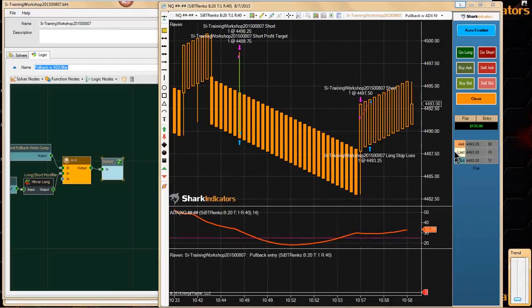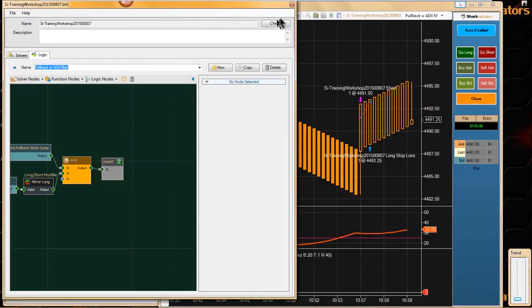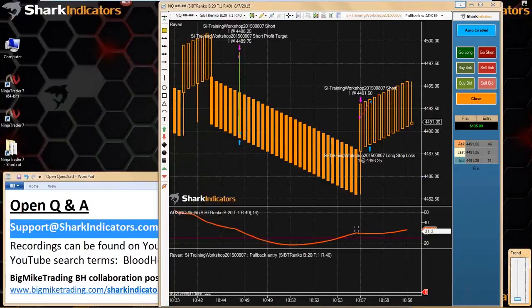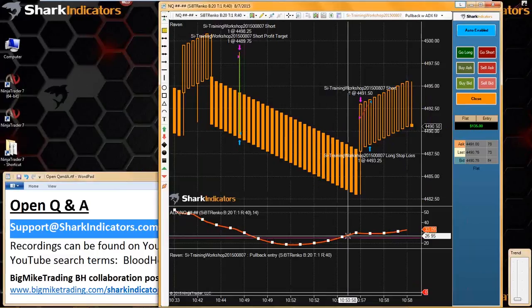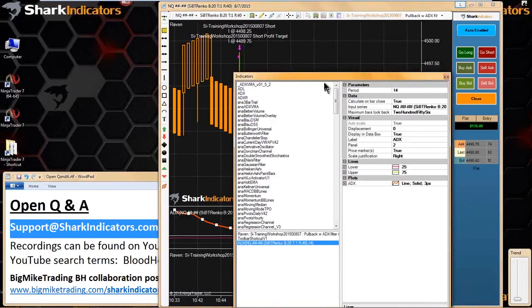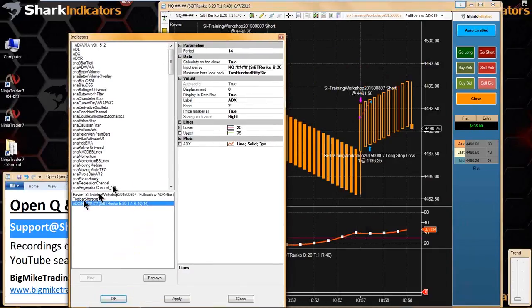Oh yeah, another thing to keep in mind. Remember, Raven is running with that calculate on bar close set to false. So that means all the indicators running inside of BloodHound are also set to calculate on bar close false. So really, to see what BloodHound's seeing, I should have taken my ADX and set this to false as well.